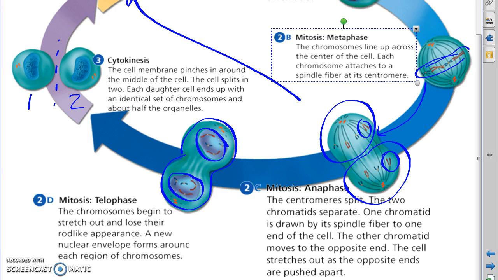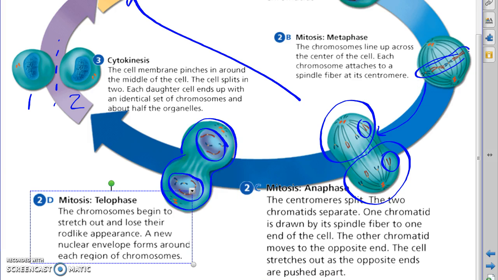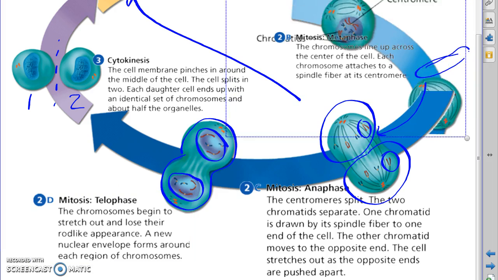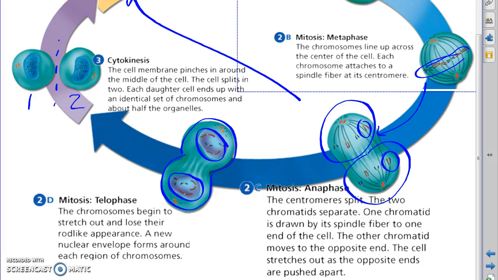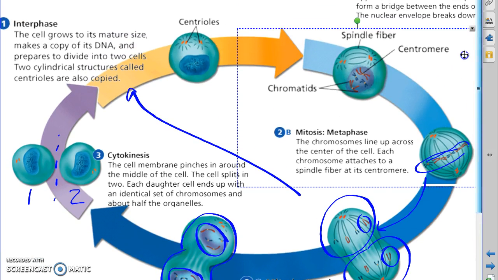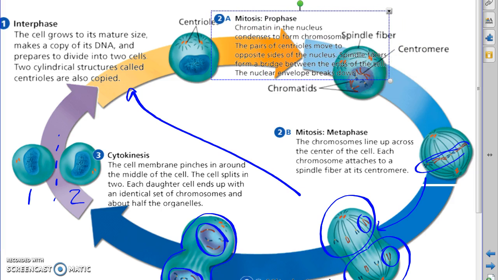One other thing you might notice is that in a lot of these descriptions, in metaphase, anaphase, telophase, and prophase, the one that we saw before, they all started with the term mitosis.